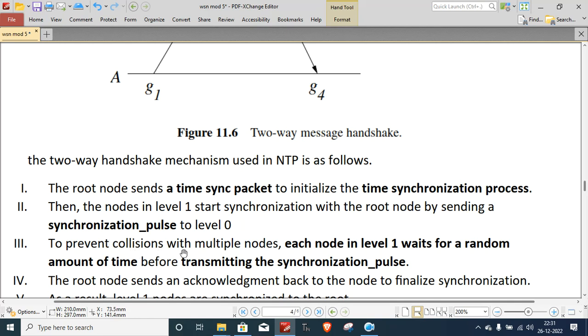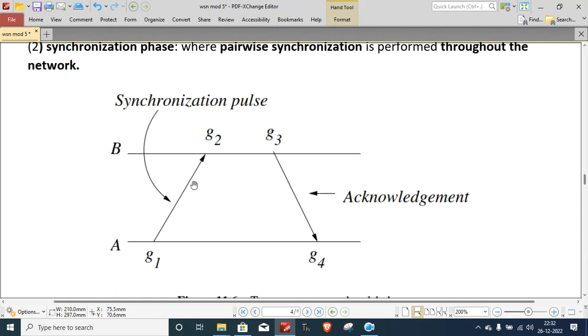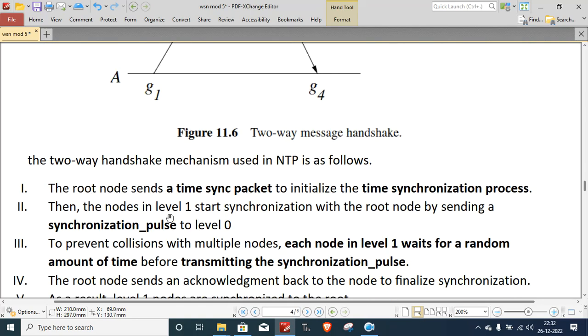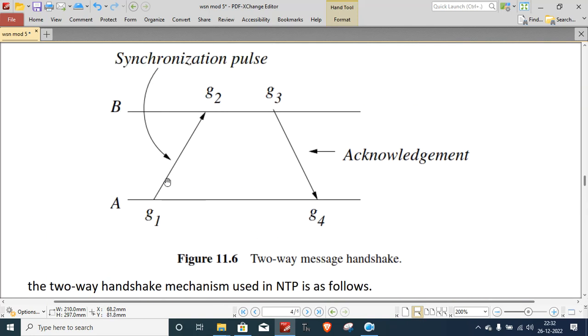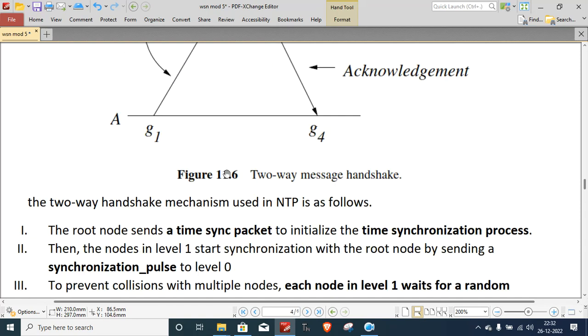To prevent collisions among multiple nodes, each node in level 1 waits for a random amount of back-off time before transmitting the synchronization pulse, and that's how collisions are avoided. The root node then sends an acknowledgement back to the node to finalize synchronization, confirming it has received the synchronization pulse.